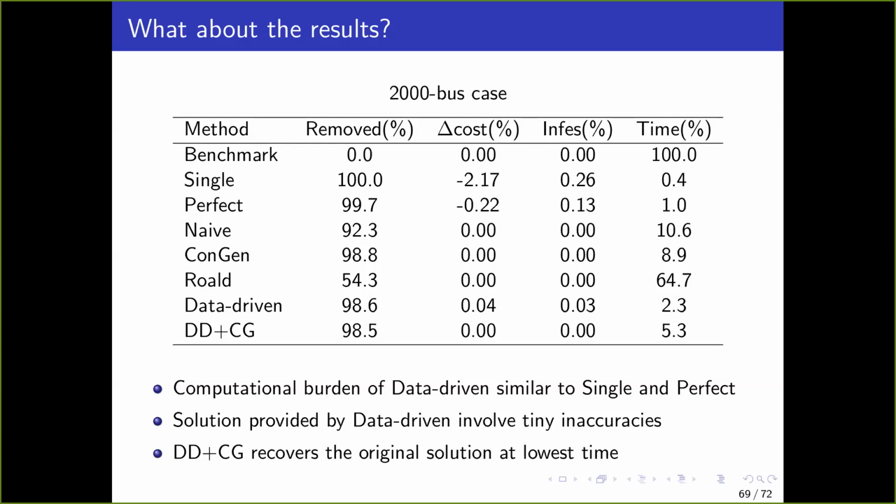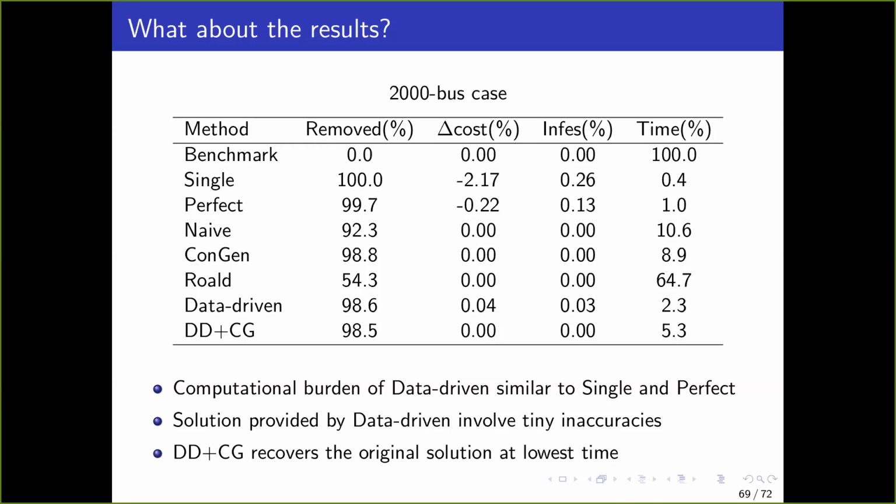Yes. So that's good enough. But let's say you are super picky and you say, even though the infeasibilities are very small, I don't trust my frequency control, my automatic generation control. I want a commitment that is 100% feasible. Then in that case, you use the constraint generation method.